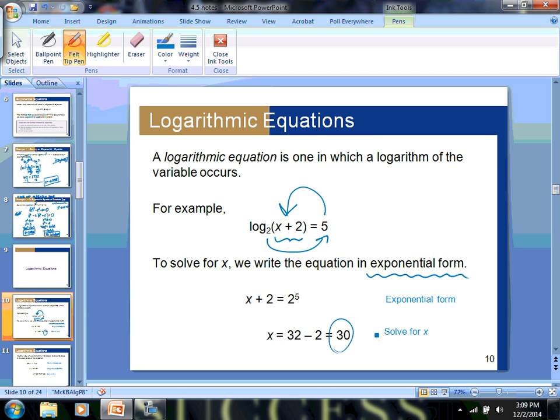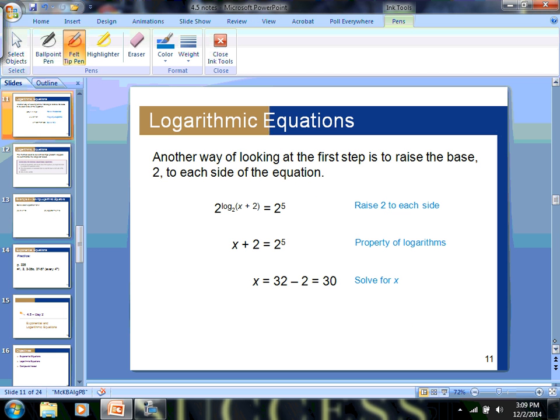Another way to do that is to raise both sides of the equation to the same base. And you want to pick a base that's going to cancel out the base on the logarithm. So you could take the left side of the equation, log base 2 of x plus 2, and the right side of the equation, the 5, and you could make both of them an exponent on 2.